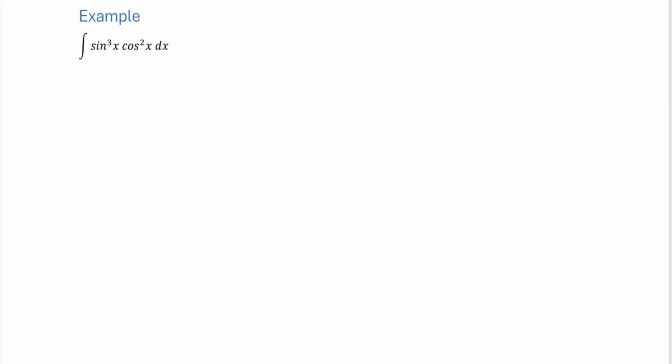In the first example, recognize that sine has an odd power. So let's start by factoring out sine x. We'll pull out 1 sine x. That means we're left with sine squared x, and cosine squared x is still there as well.